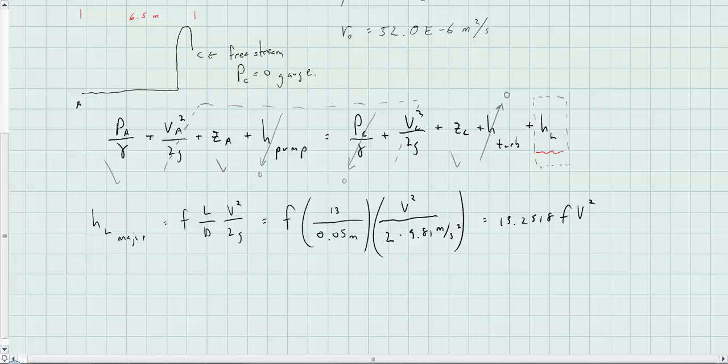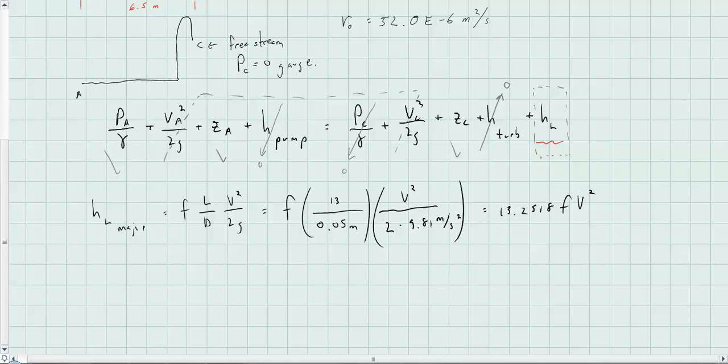Now, of course, there are bends and turns, so we've definitely got some minor losses. So that's HL minor, and that can be written as a summation of all those losses times the velocity inside the tubing divided by 2g. That is going to be equal to 2.3 plus 3 elbows times 0.9, the loss per elbow.